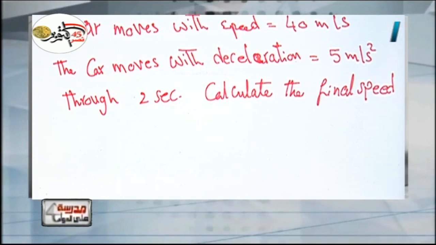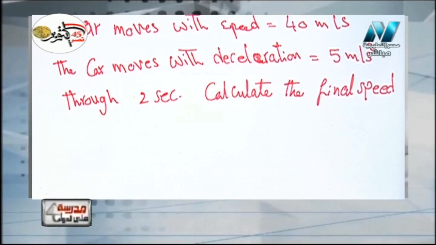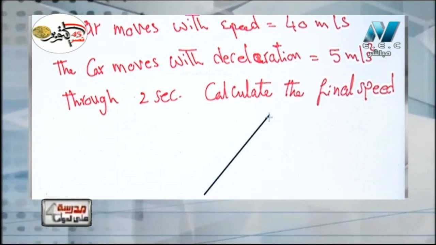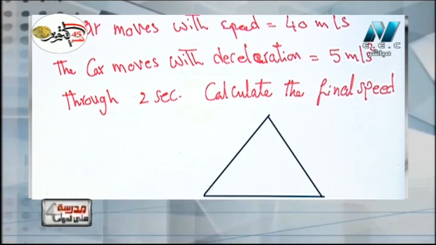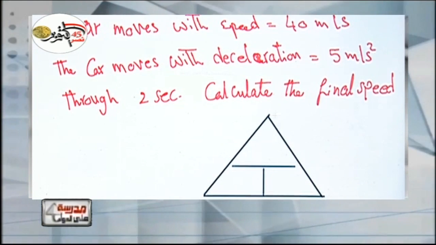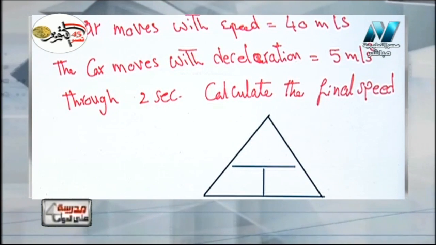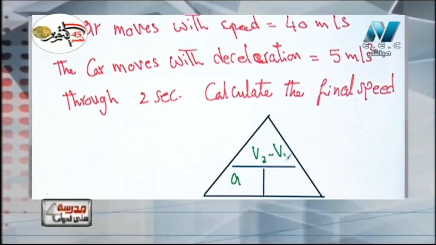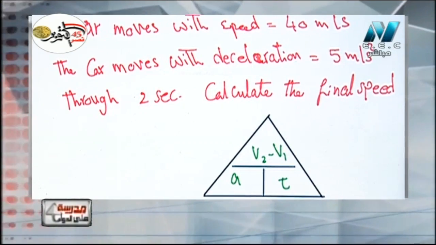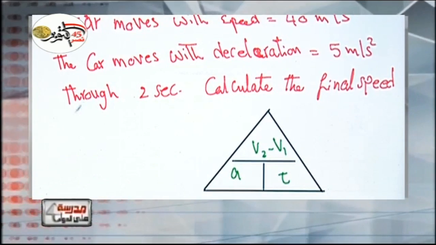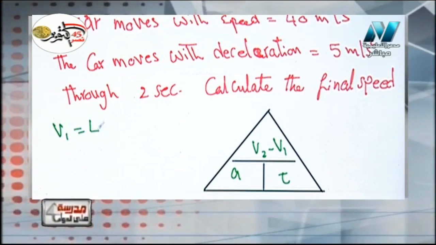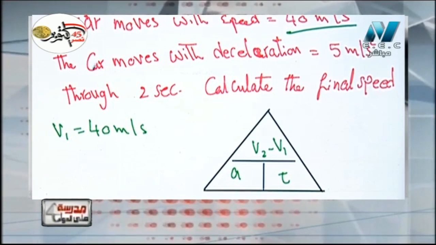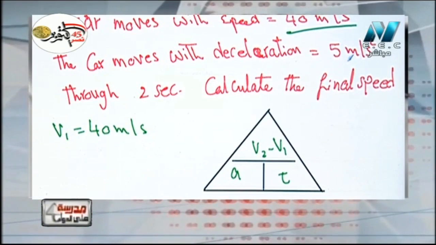So we should write the mathematical law. We have acceleration, final speed, initial speed, and time. So we have number 1, A equal V2 minus V1 over T. V1 equal 40 meter per second, as you see here. And the car will decrease acceleration 5.